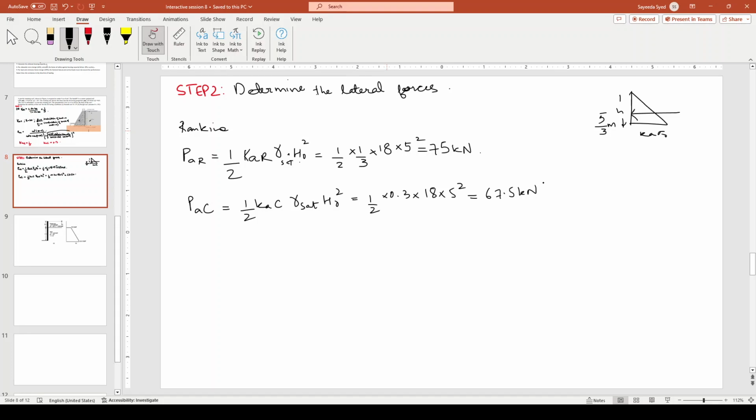It will be acting at an angle of 20 degrees to the horizontal. It will be acting like this.